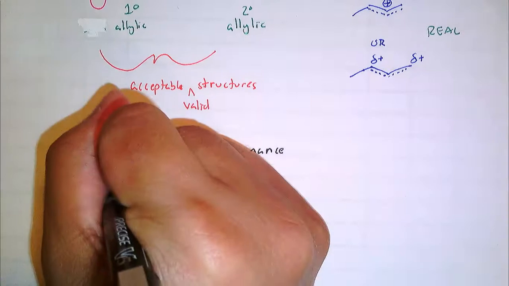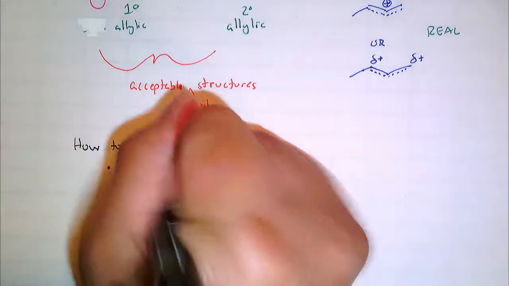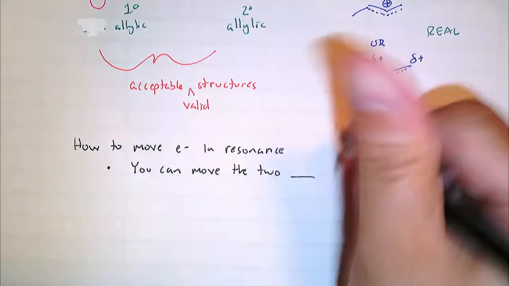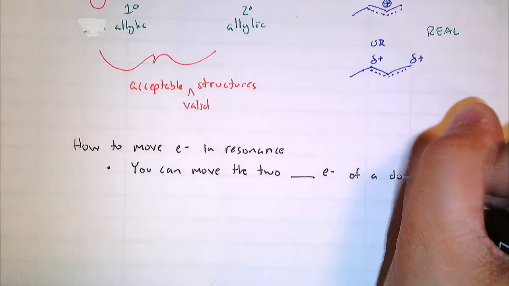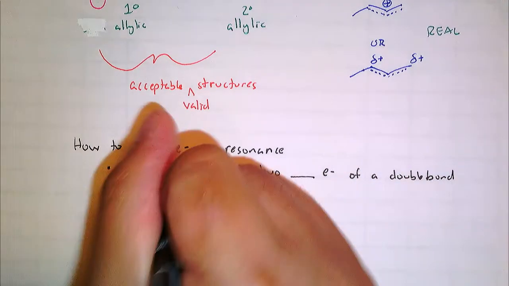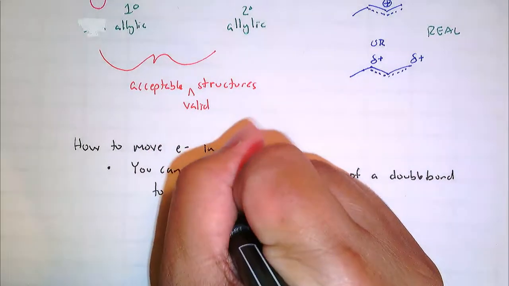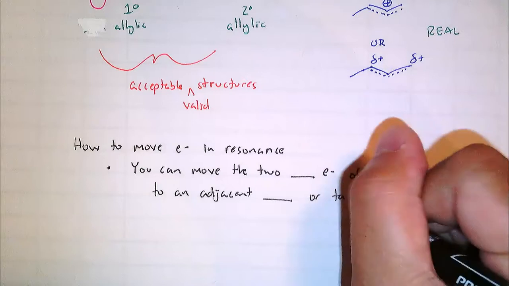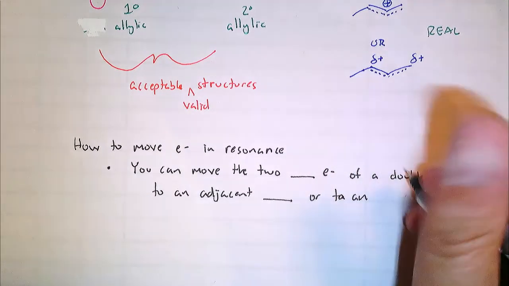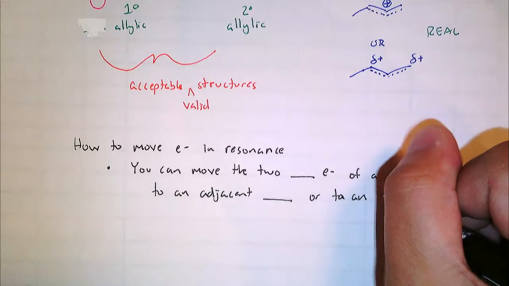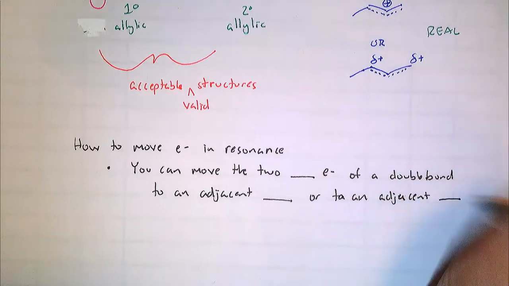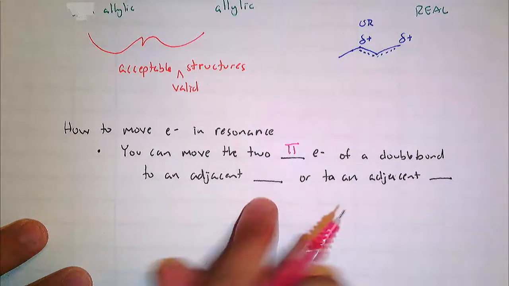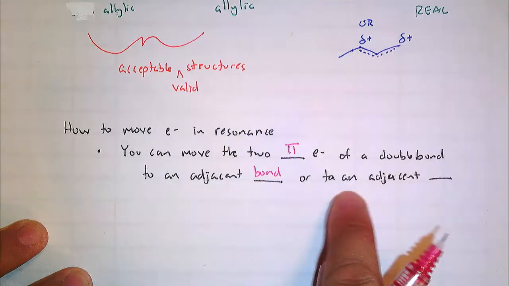First, we'll use bullet points. You can move the 2 pi electrons of a double bond to an adjacent bond, or to an adjacent atom.